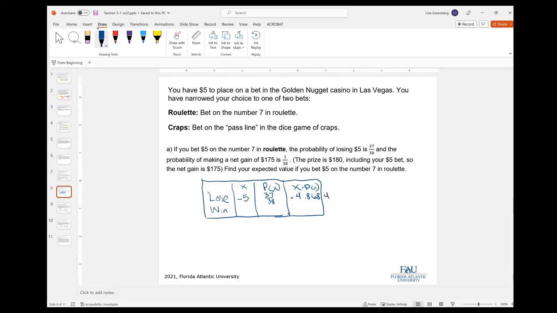Okay. Now, if we win, let's see what happens. So we bet $5, and the probability of making a net gain of $175 is 1 out of 38. So we could get 175 times 1 out of 38.